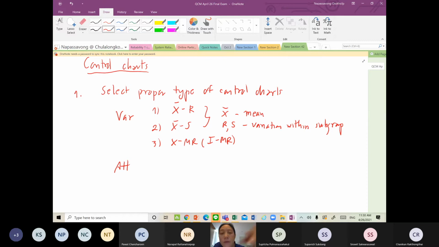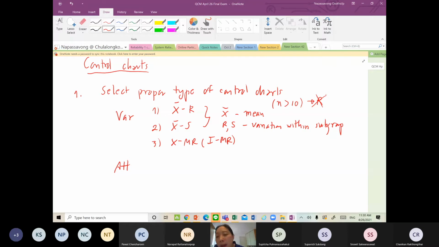We've talked about this in the slides: when in one sample or one subgroup you can collect a sample size, or number of parts, greater than 10, using R, the range, is not a good statistic, because it uses only two numbers, the maximum and minimum. So you neglect 8 data points, which is too many.